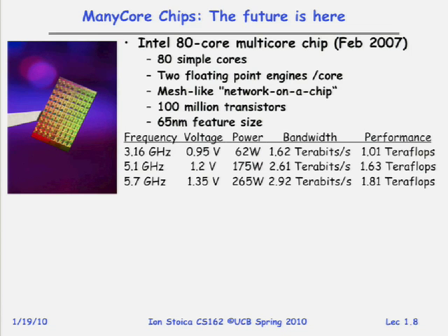And this comes also with a big challenge. What will be the big challenge here? You have 80 cores. The big challenge will be, what do you do with them? How are you taking advantage of them? So it's a programming challenge.